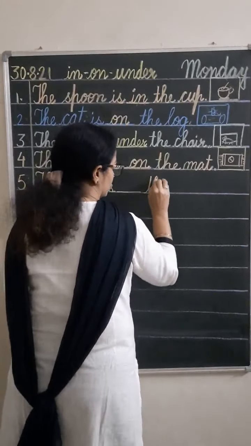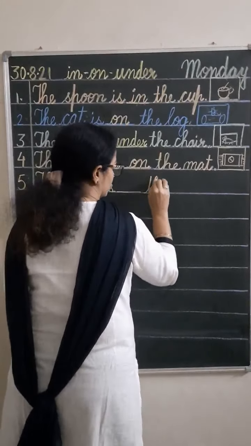The paper, I-S is, put dot on small i, then make a blank. The bed, B-E-D, bed, and here put full stop. The paper is dash the bed.